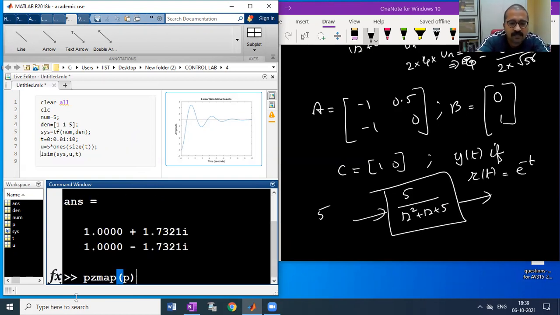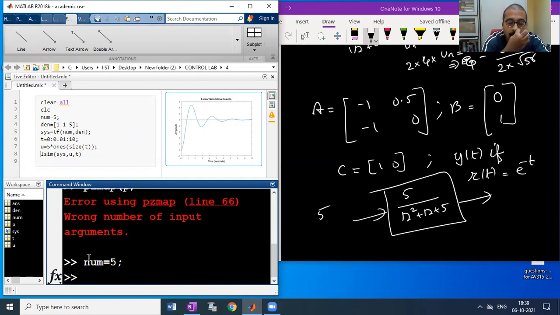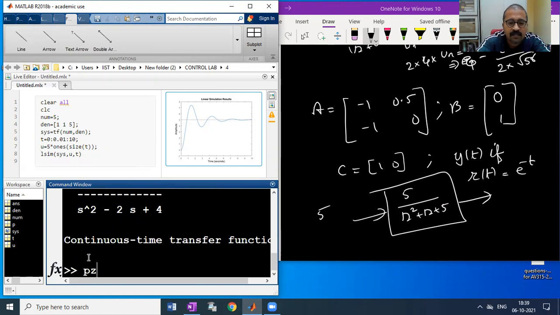Another method is pzmap of p. Will it work? Let me see. No. So I will call num equal to say 5. Then sys equals tf of num comma p, right? Then pzmap of sys.